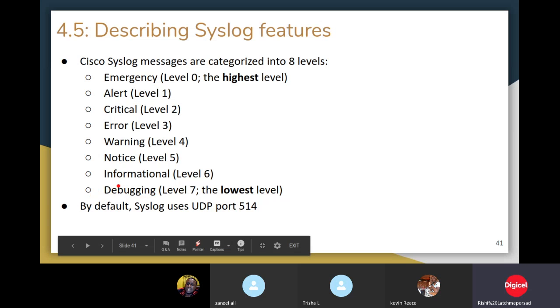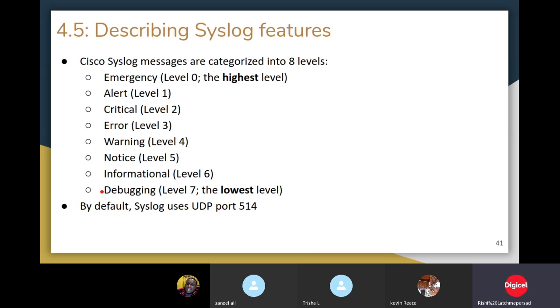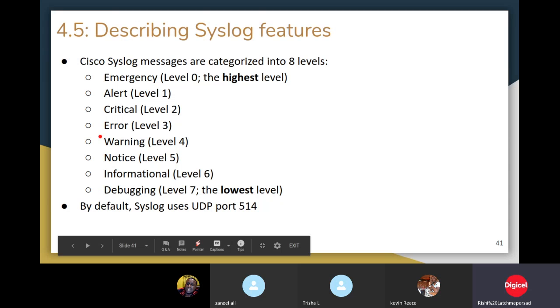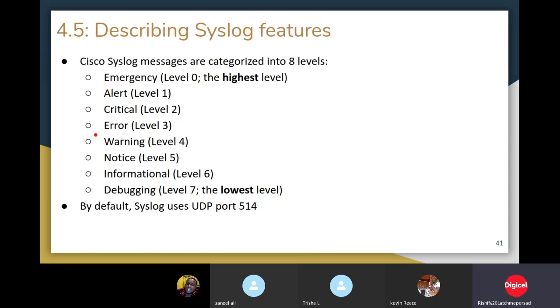For the lower level messages, you're only going to want to put debugging on a router when you're debugging the router, or when you have an issue that you're actively looking into. Else it's just going to flood your database or your flash media or whatever it is you're storing messages on. Usually you'll want to configure something around here, warnings or errors, because you only want to see messages that a router considers an error, right?